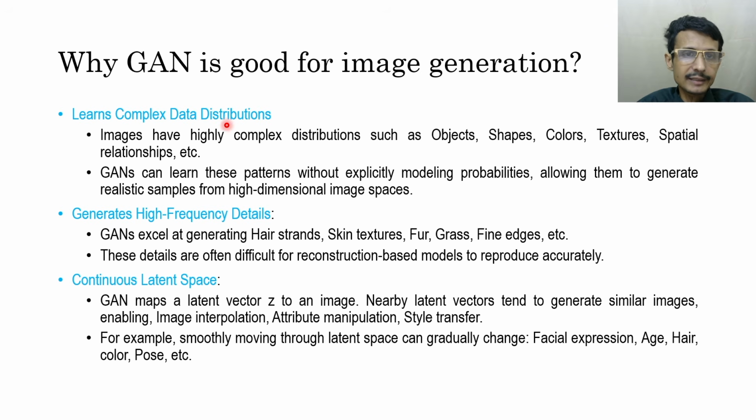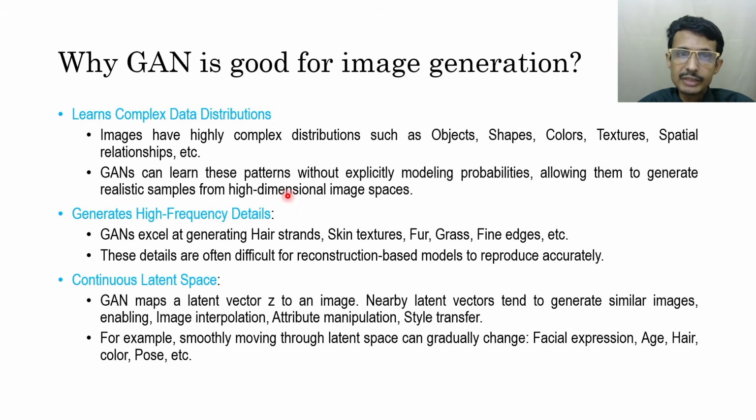What are the other advantages? It can learn complex data distributions very well. Images have highly complex distributions of objects, shapes, color, texture, and facial relationships. These can be easily modeled by GANs.